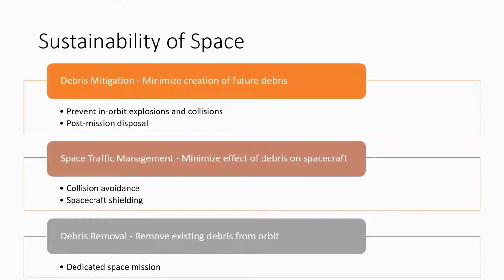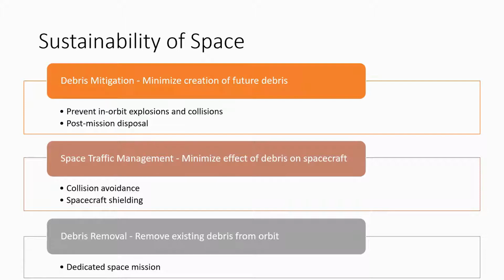So the first one is mitigation of debris, which basically intends to minimize the creation of future debris itself. And this is only a short-term solution, because we can try to prevent in-orbit collisions, we can try to prevent explosions, but these things can solve our problems for a short time only, because the debris that is already there is there.